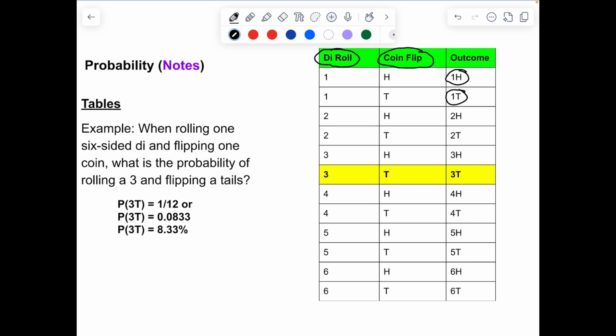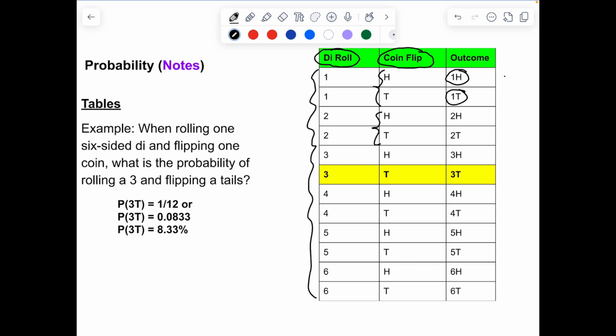Okay, so I have a total of 6 sides on my die. So that's why the number goes from 1 to 6. And then since I have 2 options, or 2 outcomes for my coin flip, I'm having heads and tails for each die roll.